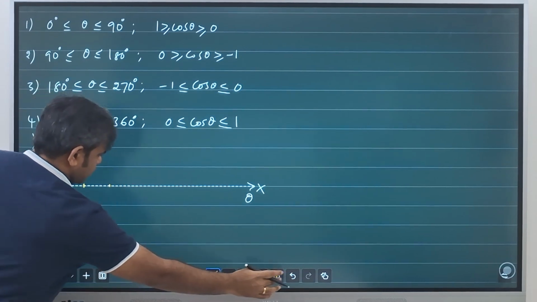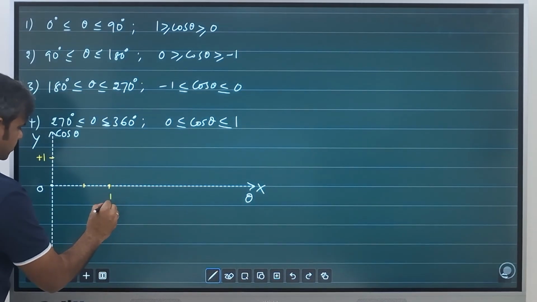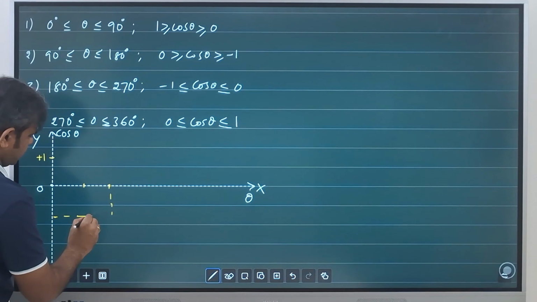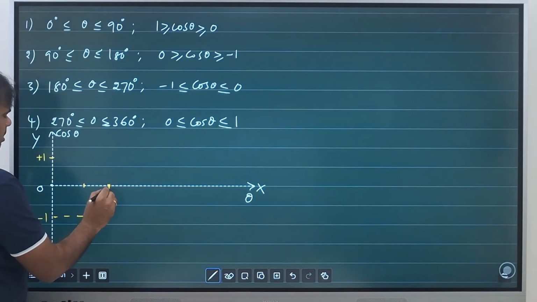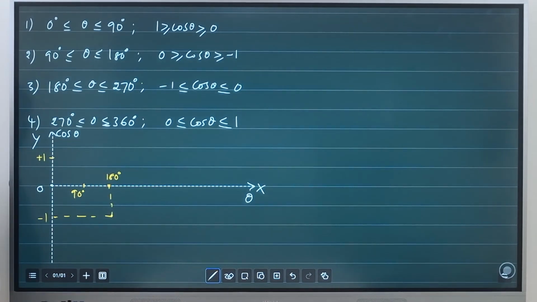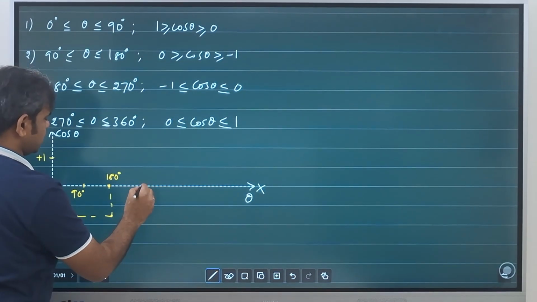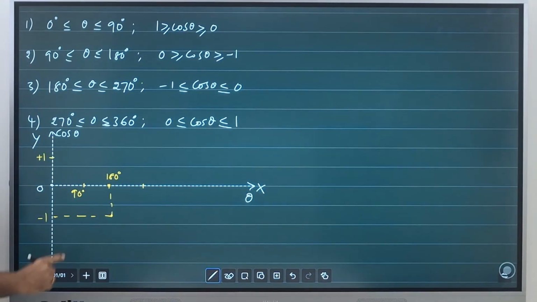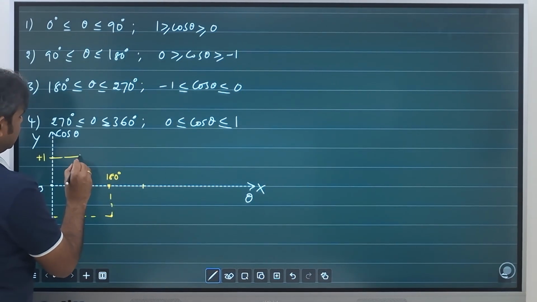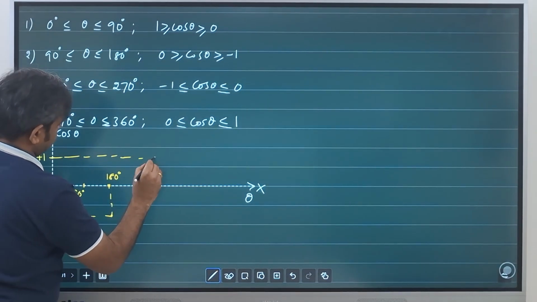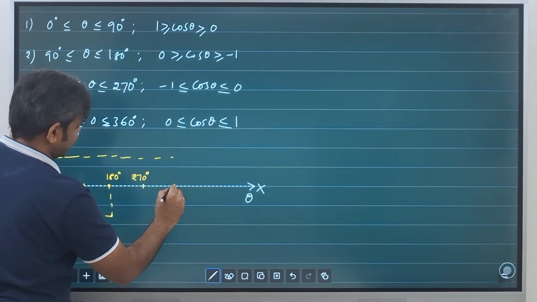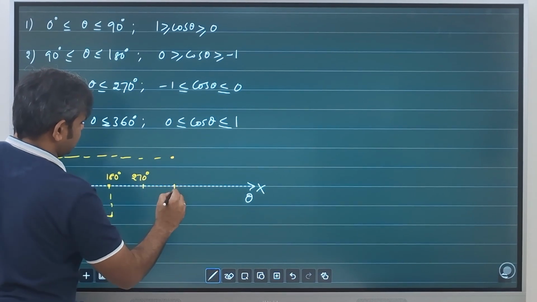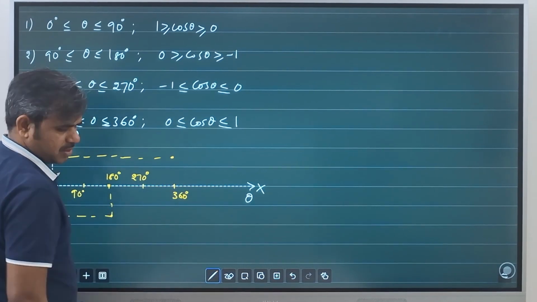So the point is here. This is -1 for theta equal to 180 degrees. And for theta equal to 270 degrees, cos theta value is again 0. This is 270 degrees. And for 360 degrees, cos theta value is equal to +1.